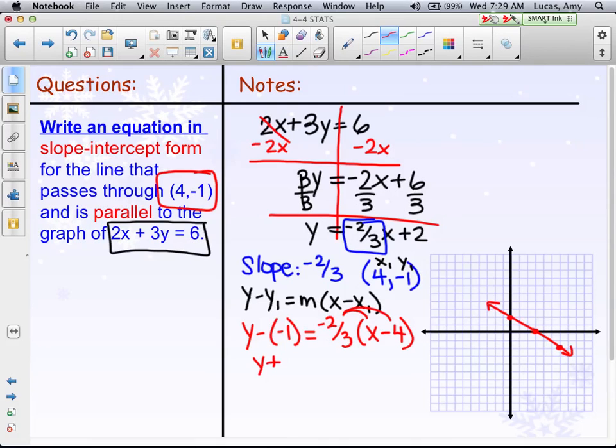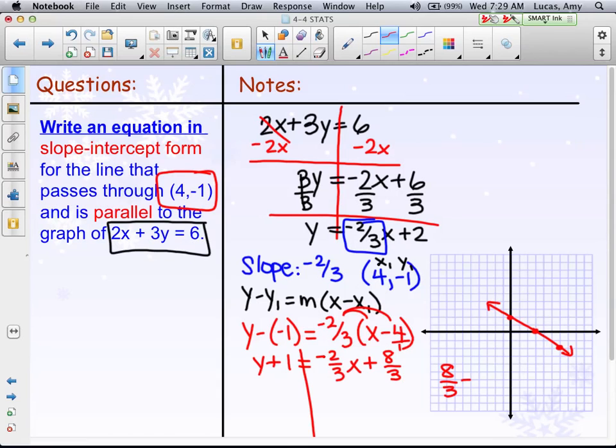So y plus 1 equals negative 2/3 x. Multiplying negative 2/3 times negative 4 would give me a positive. I can put a 1 under my negative 4, so it's going to give me a positive 8/3.